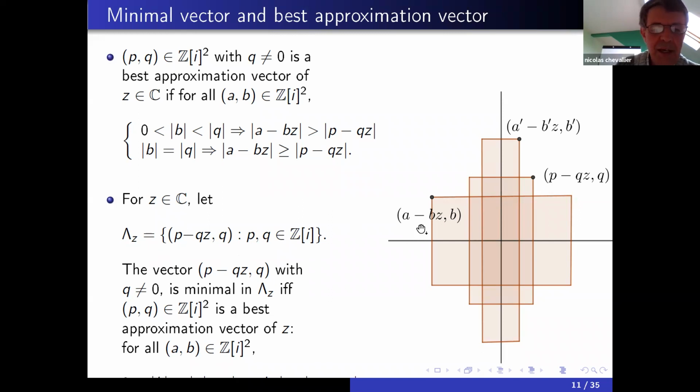So if you take a vector of lambda z defined by A and B, and if B is smaller than Q, this point is not in this cylinder, which means that the horizontal distance here must be greater than this horizontal distance here, which means this inequality. And we also see that this must also be true. Conversely, it is also clear. So there is a correspondence between minimal vectors in lambda z and best approximation vectors.